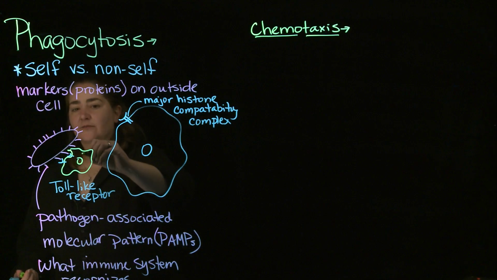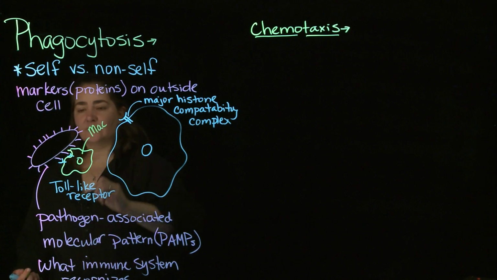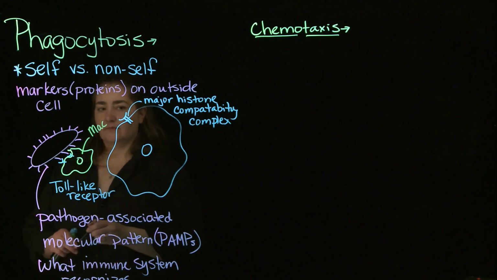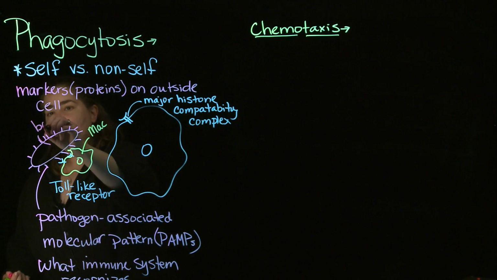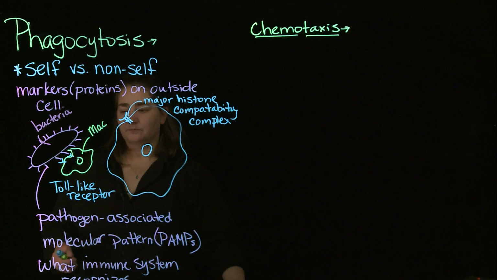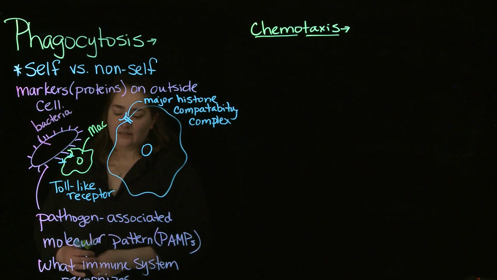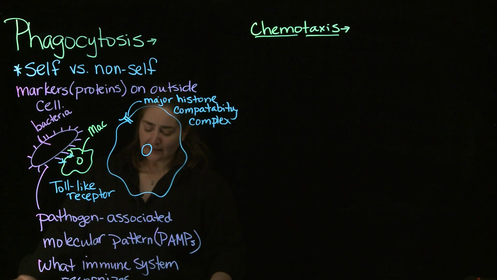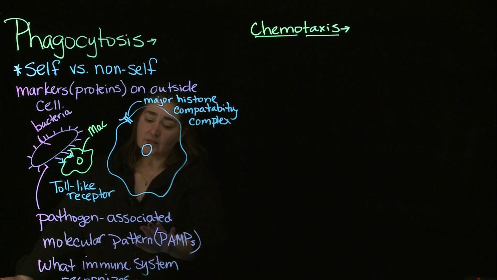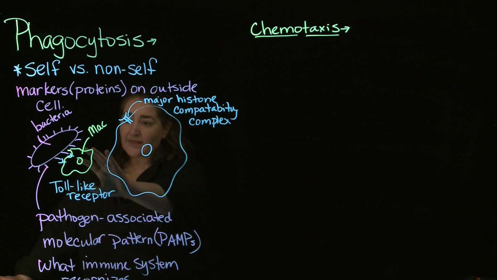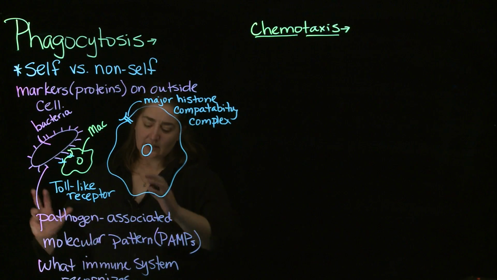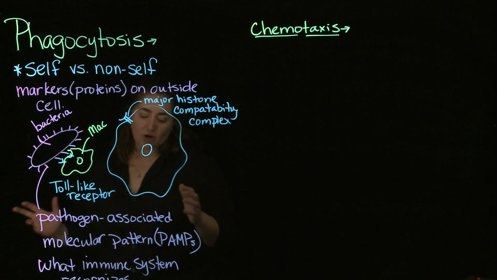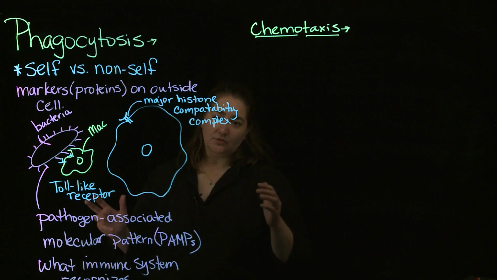And I'll label this here. This is our macrophage, okay? This is our bacteria, all right? In terms of that, it's going to be the toll-like receptor that's going to recognize the pathogen-associated molecular pattern. That is then going to be what targets that process or the start of phagocytosis.